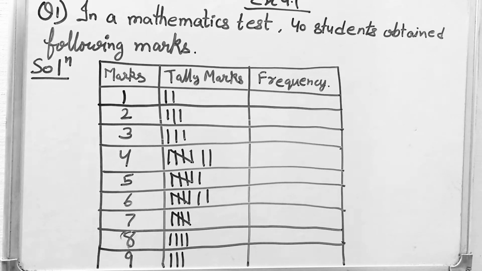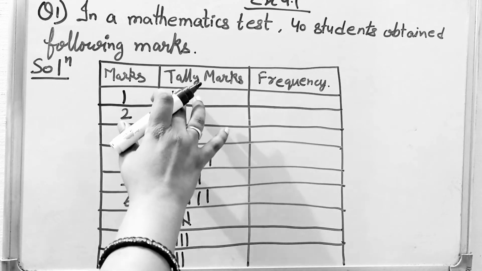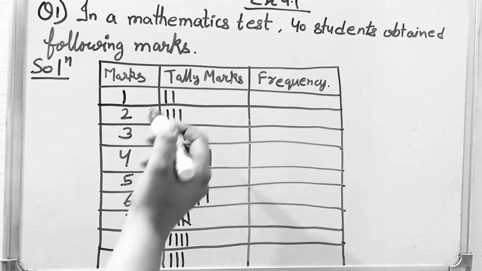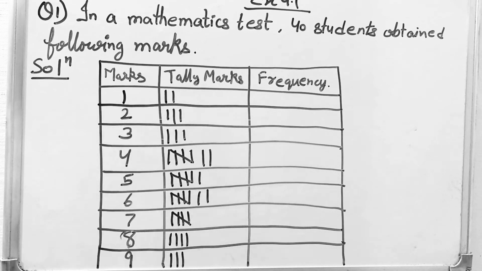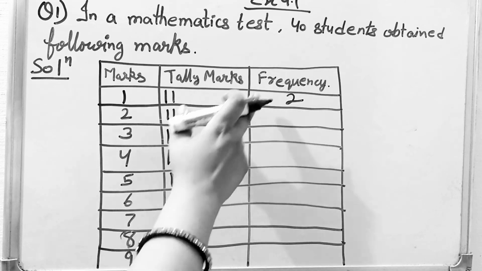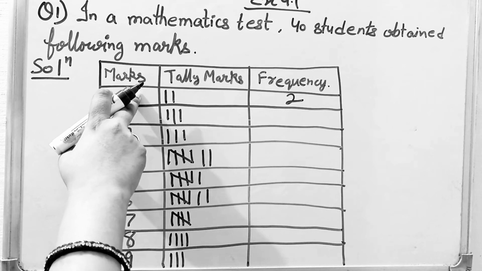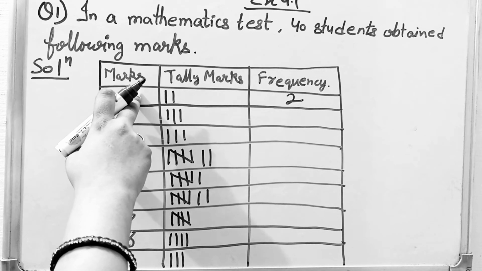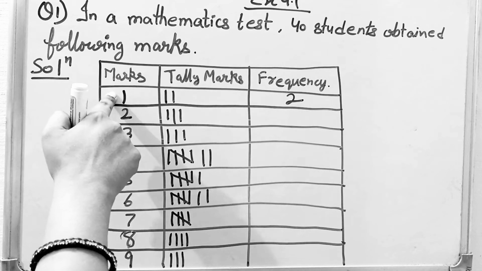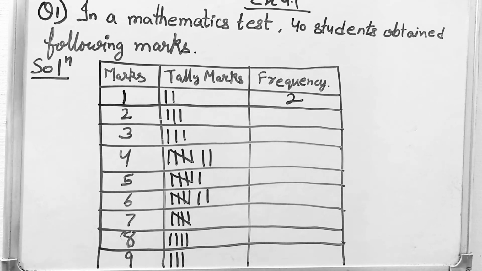Now what are we going to do? In the column of frequency, we will write the number of times the tally mark has been marked for every number. For 1, there are only 2 tally marks, so its frequency is 2. Now what does this frequency mean? It means that marks 1 are obtained by 2 students. So that means 1 occurs 2 times in the data.